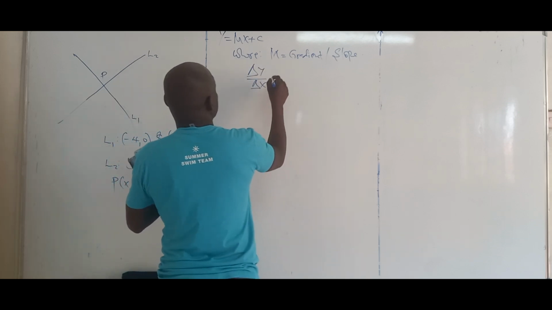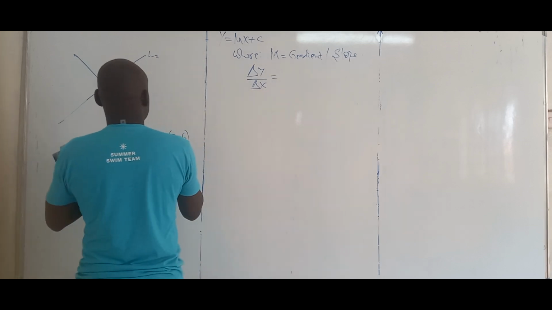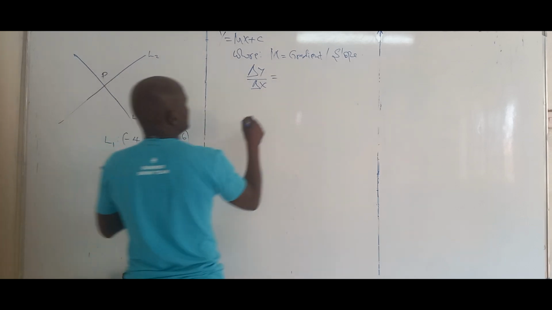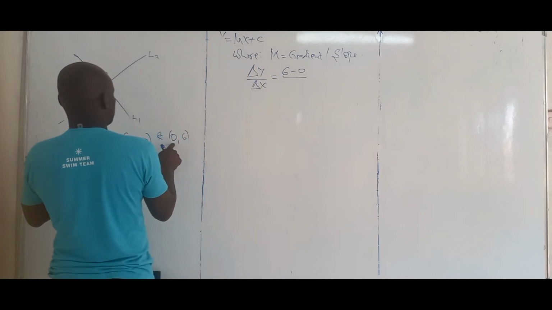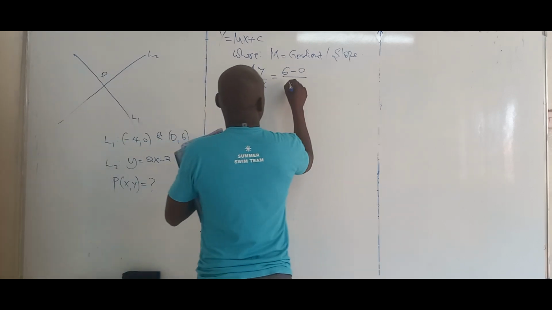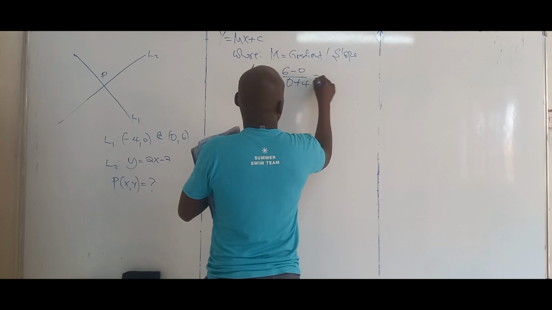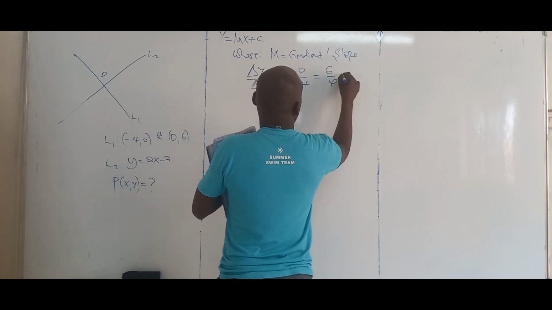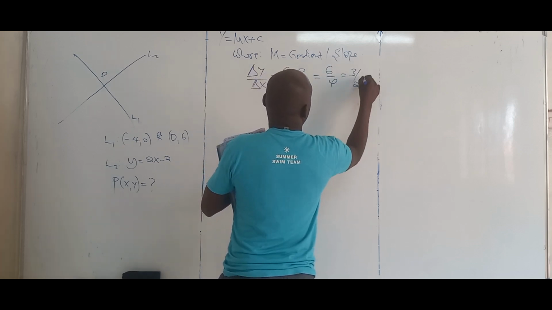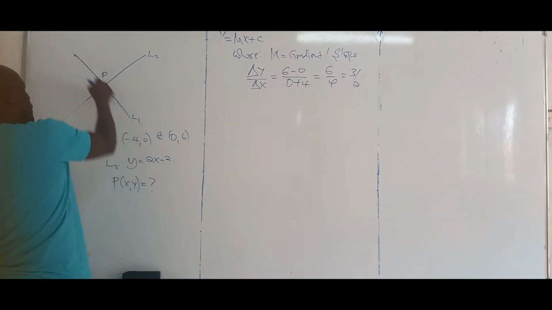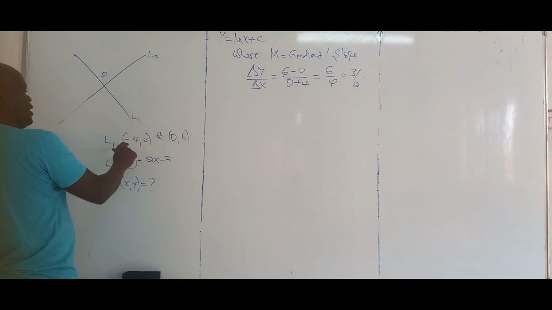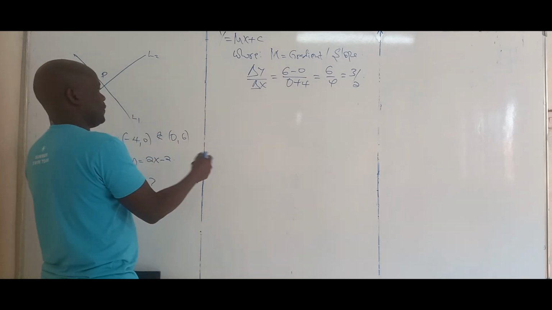The change in y will be 6 minus 0, divided by 0 minus -4, which is 0 plus 4. That gives me 6 over 4, and that is 3 over 2 as the gradient of line 1. Then now I can define the equation.